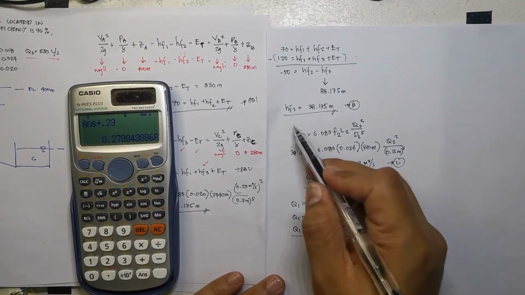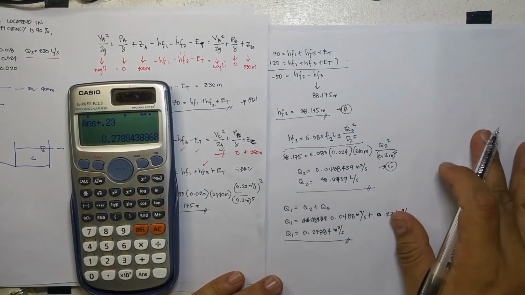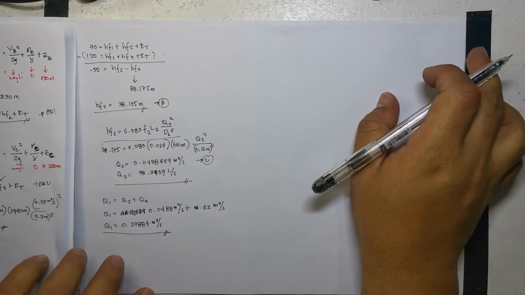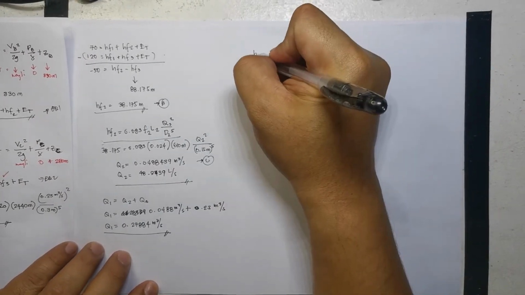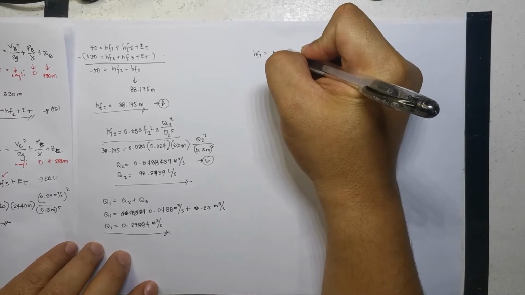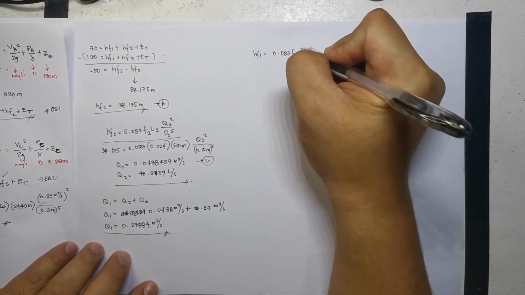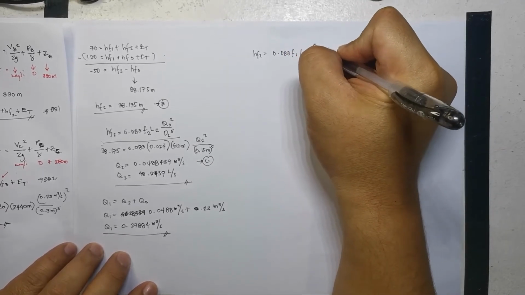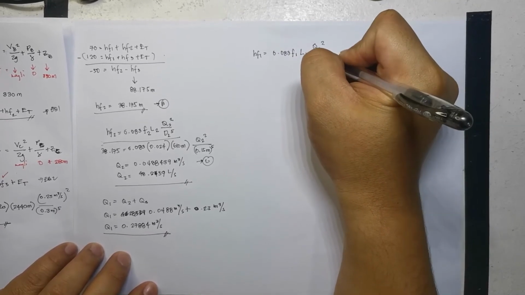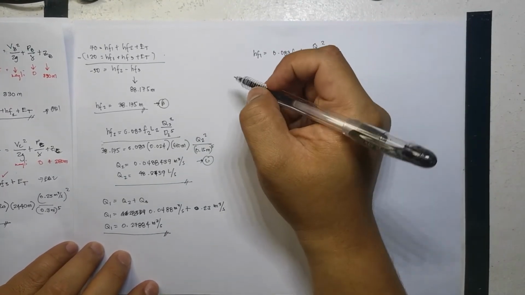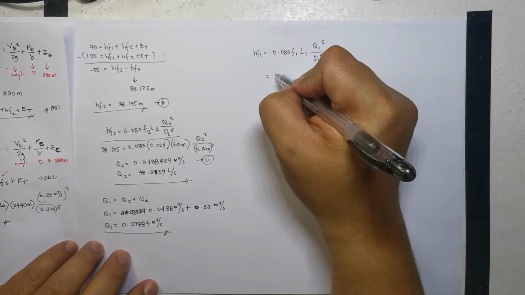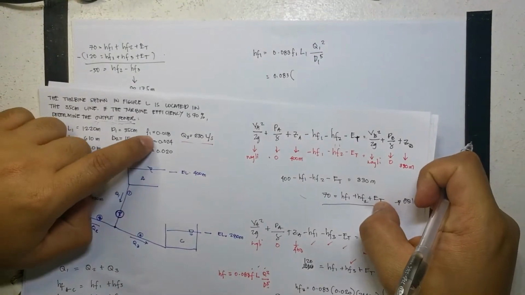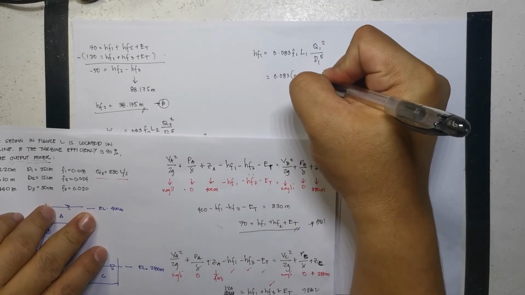We will use this same formula again, just replacing it with HF1. So HF1 is equal to 0.083 F1 L1 Q1 squared over D1 raised to 5. So HF1 is now equal to 0.083 times F1. F1 is 0.018.